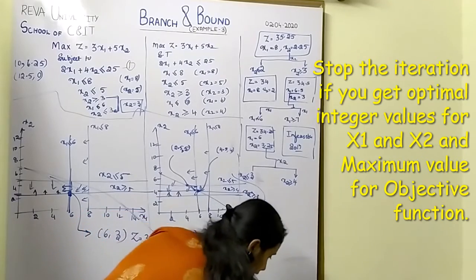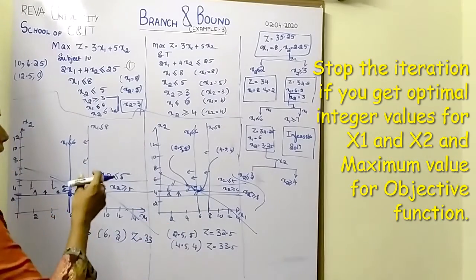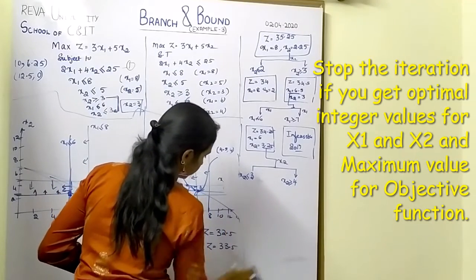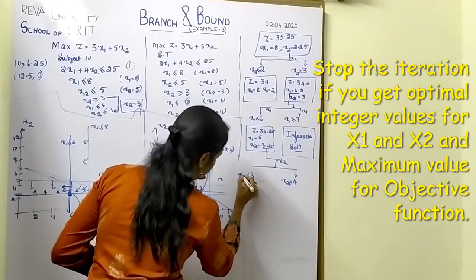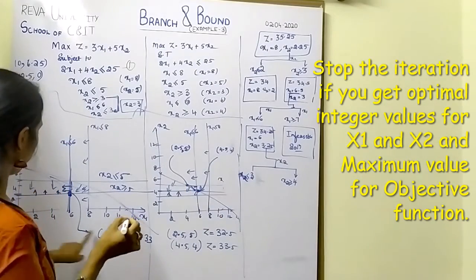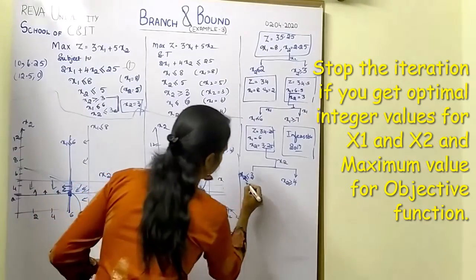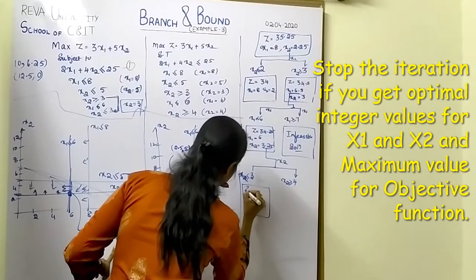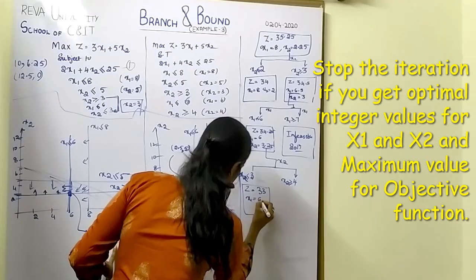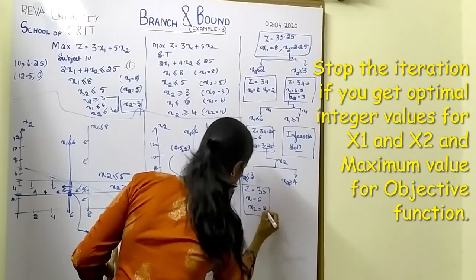Now, consider again. If I consider x2 is less than or equal to 3, what are my points? My points are z is equal to 33, x1 is equal to 6, x2 is equal to 3.